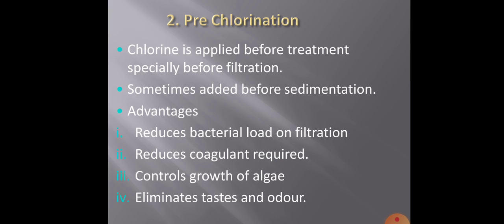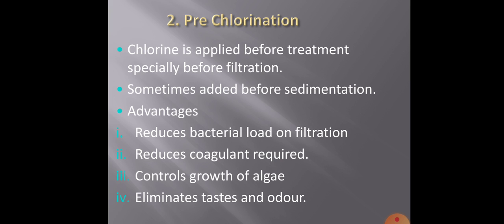So pre-chlorination means the application of chlorine before any treatment, maybe before filtration or even before sedimentation. The main advantages of the pre-chlorination process are that it reduces the quantity of coagulants, like I said, by oxidizing the organic matter, and it reduces the load of bacteria on the filters.